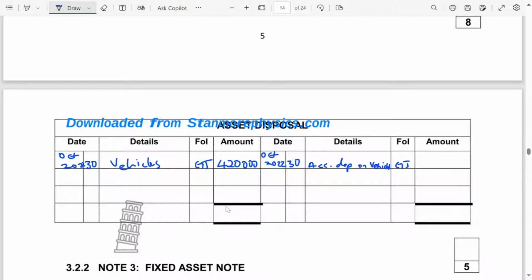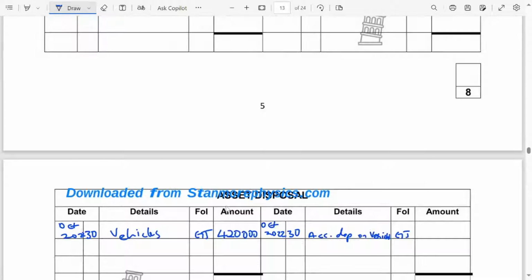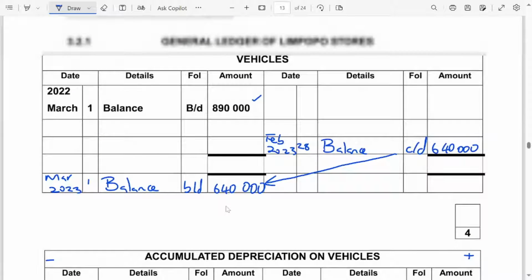Before we continue, since we are disposing of a vehicle, or since we are selling the vehicle, it means that the vehicles are decreasing. As we know, the double-entry system says that if something is debited, it must also be credited somewhere else. So we have to go and credit this amount in the vehicles to show that the vehicles of the business are decreasing because we are selling the vehicle.